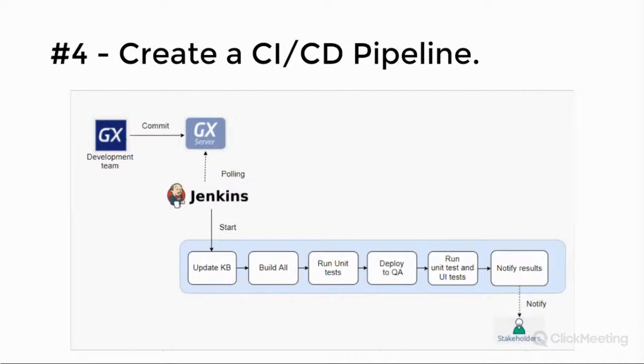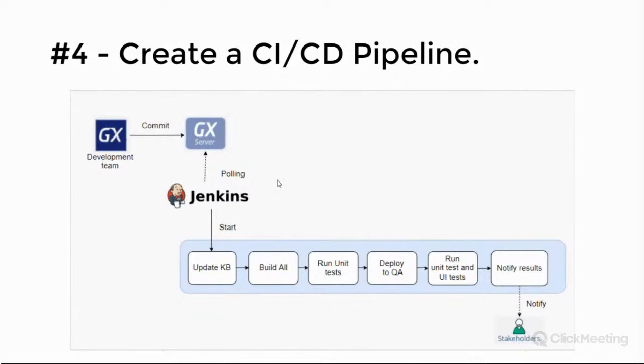So the main purpose is to integrate these tests in a continuous integration process in order to know the health condition of our application after each commit, after each change. Ideally, we integrate the code frequently and periodically, for example, in each developer commit to GX server.